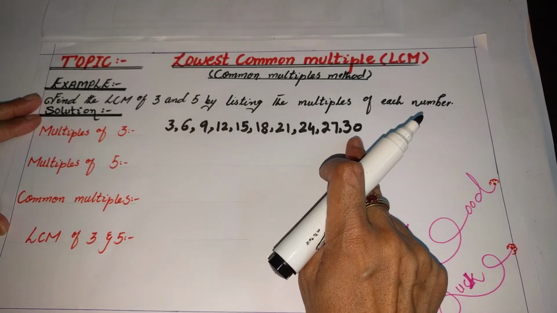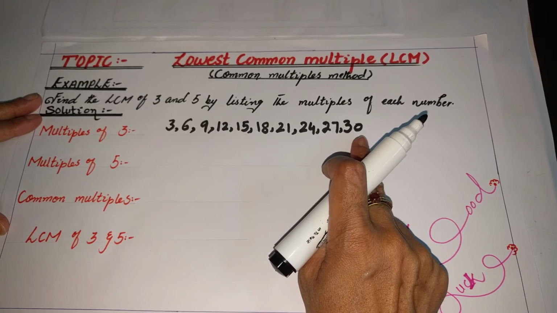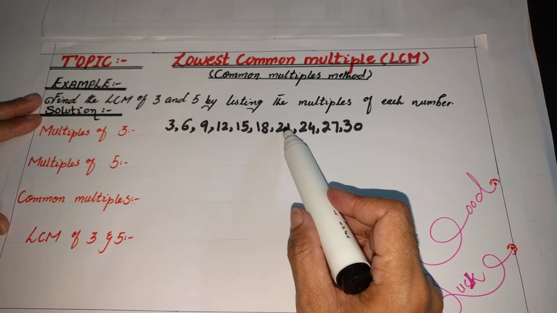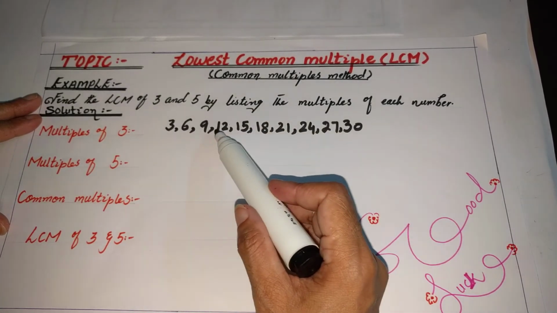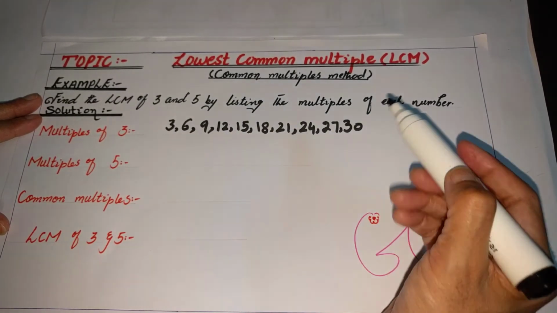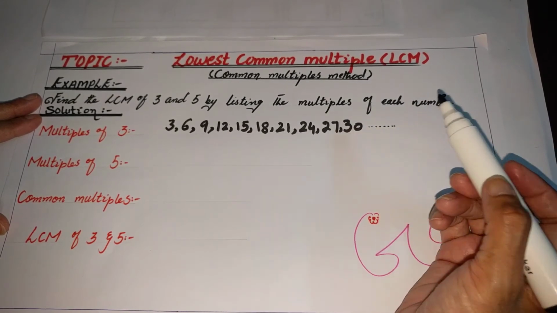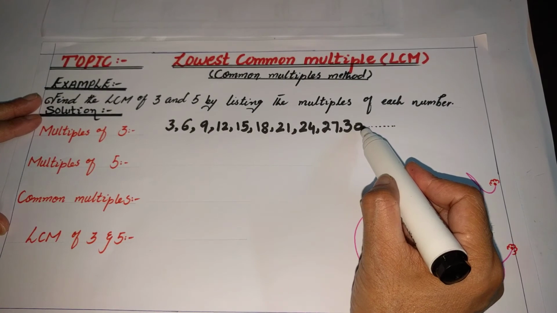So here I found only the first 10 multiples of 3. These all are the first 10 multiples of 3. Maybe there will be some more multiples because multiples are unlimited. So I am going to stop over here.